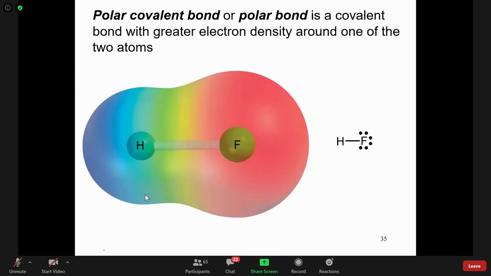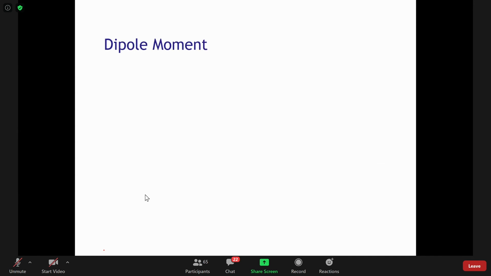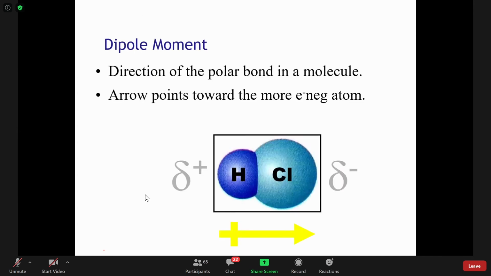Now, we already talked about polar bonds, so this should be a little bit of a refresher. HF is a polar bond. We know that because there's an electronegativity difference between the two atoms. It has an electron-rich region with the electronegative fluorine, and an electron-poor region on the hydrogen. We also talked about dipole moments. In fact, I think these slides are out of order.